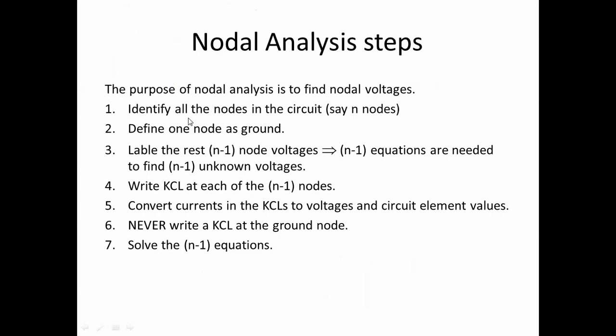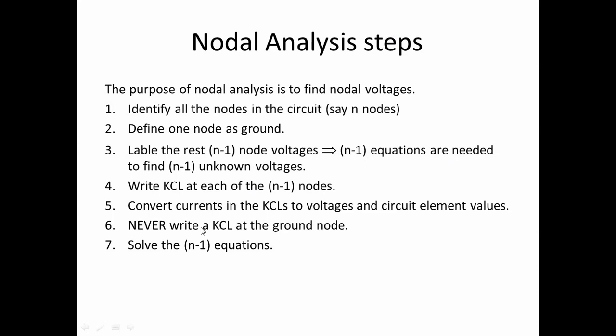This is a revision of what I just said in the last 10 minutes. So we identify all the nodes. We define one node as ground. We label the remaining n minus 1 nodes. And then we need to write n minus 1 KCLs for these n minus 1 unknown voltages. We convert the currents in the KCLs to voltages and circuit element values.